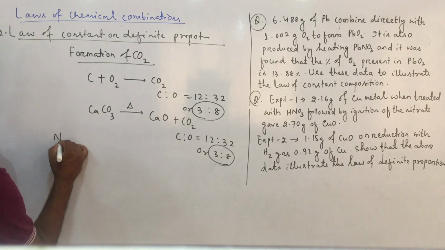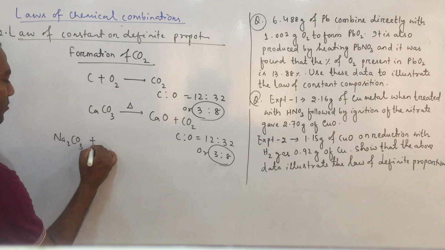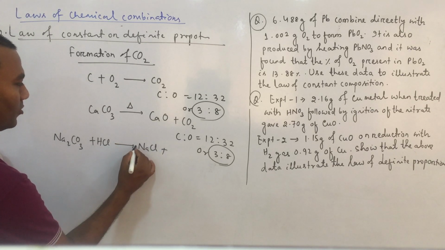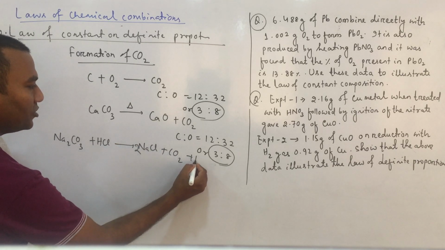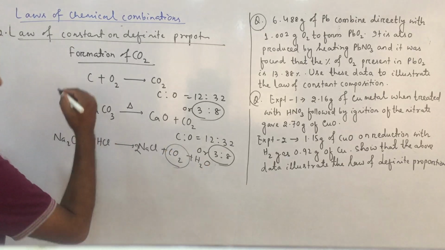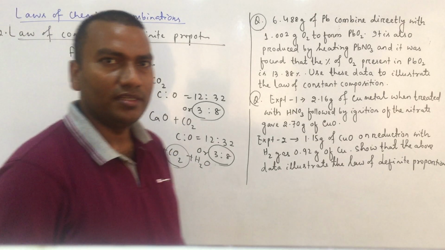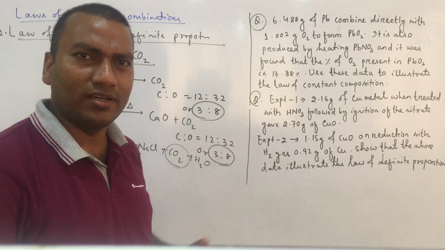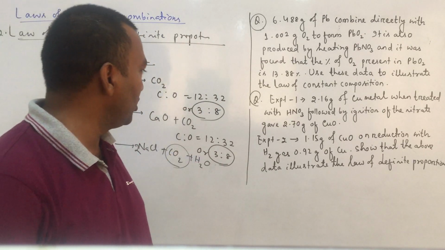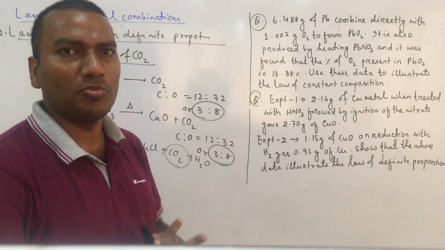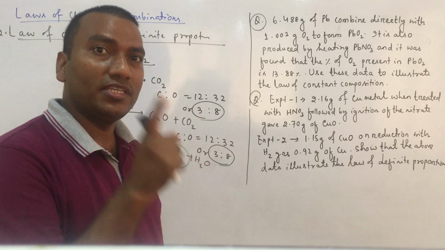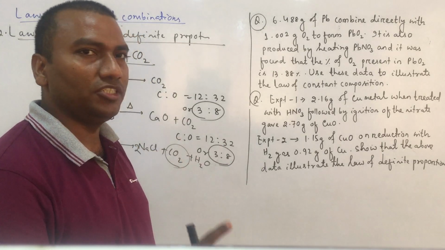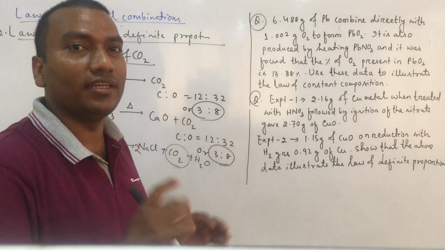Similarly, if you take Na2CO3, when it reacts with HCl, it gives 2 molecules of NaCl plus CO2 plus water. Here also the carbon to oxygen mass ratio is the same, 12:32. It will automatically come, because it is a theoretical question: during the formation of carbon dioxide, the carbon to oxygen mass ratio will always be 12:32 or 3:8. It is always true theoretically.